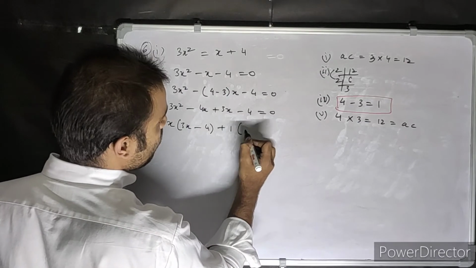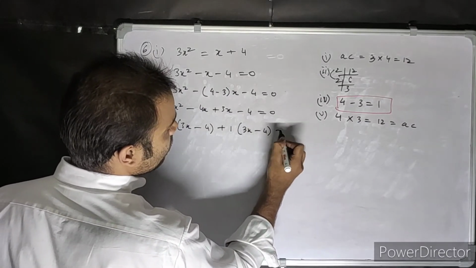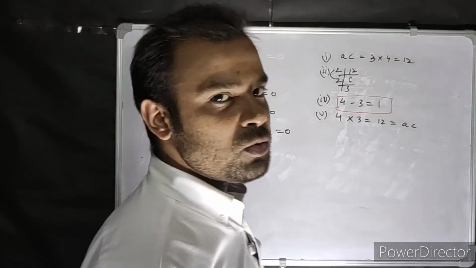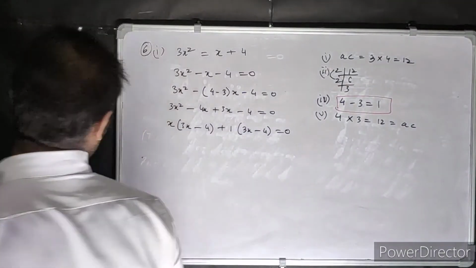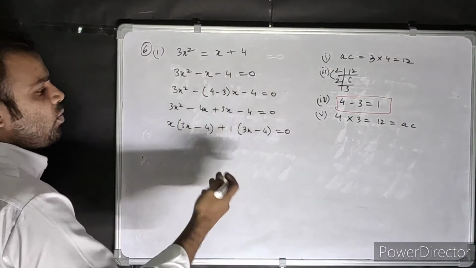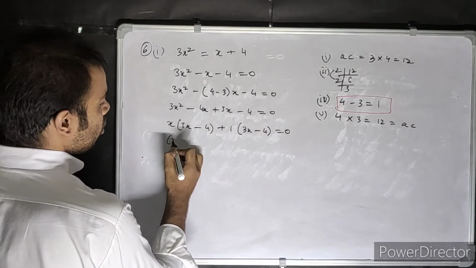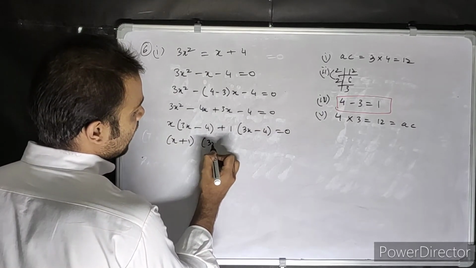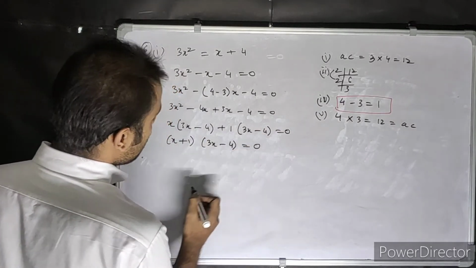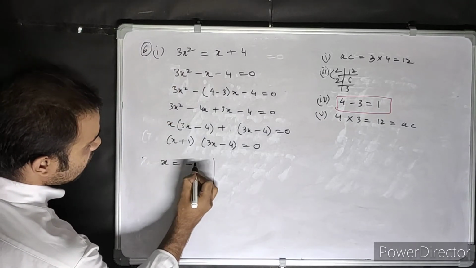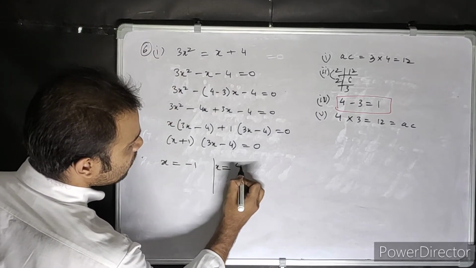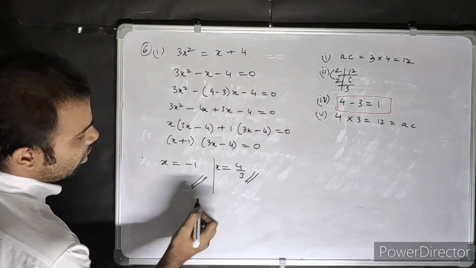From here nothing means 1 common, 3x minus 4. 1 is a factor of everybody, so 1 can be taken out common. You're left with x plus 1 and 3x minus 4 equals 0. So you get two roots, x is equal to minus 1 and x is equal to 4 by 3.